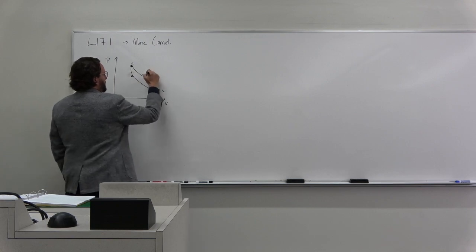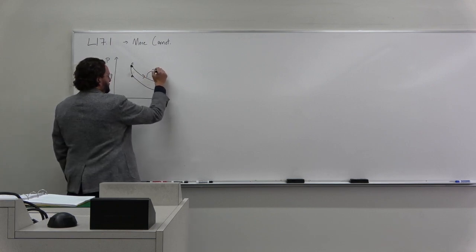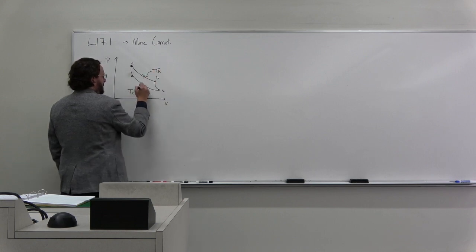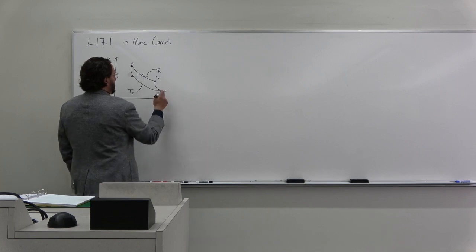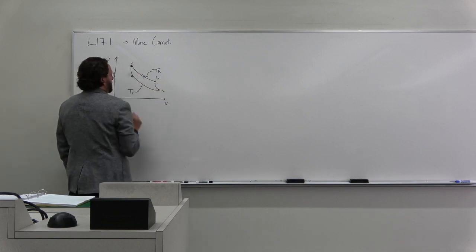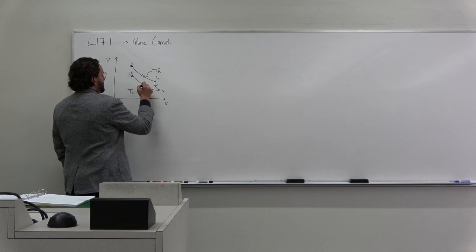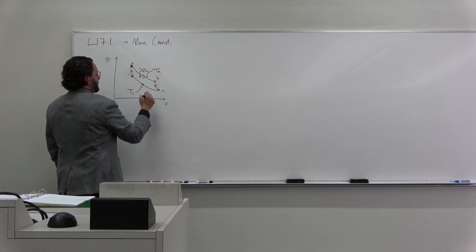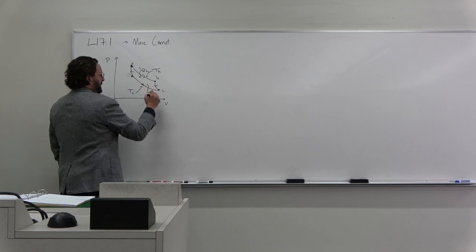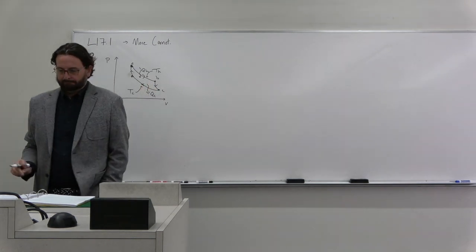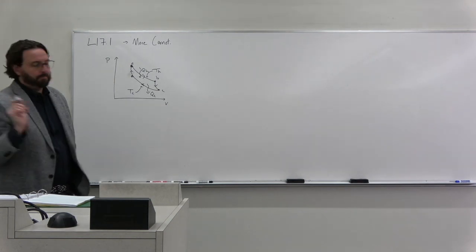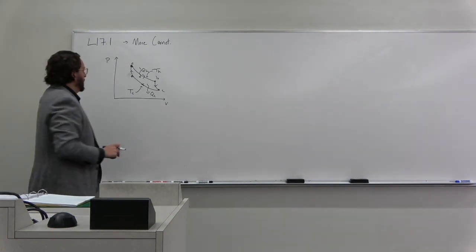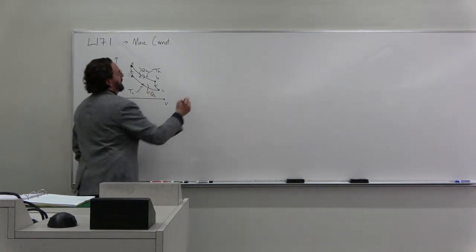So these are isotherms, for example, at TH and TC. And these are our adiabats here and here, okay? So we had heat that would flow in and heat that would flow out. Okay, so we had heat coming in from a hot reservoir.